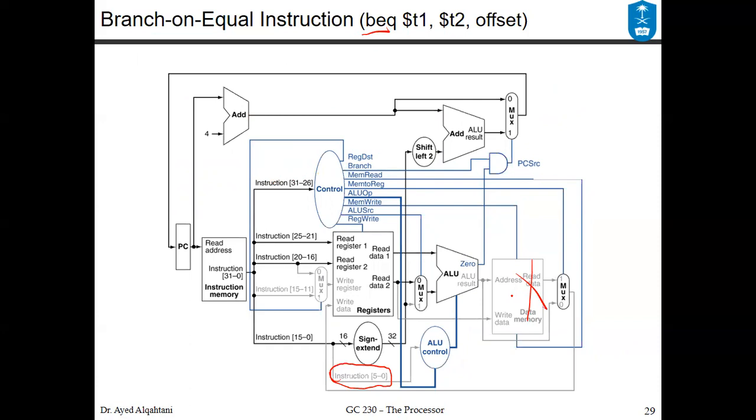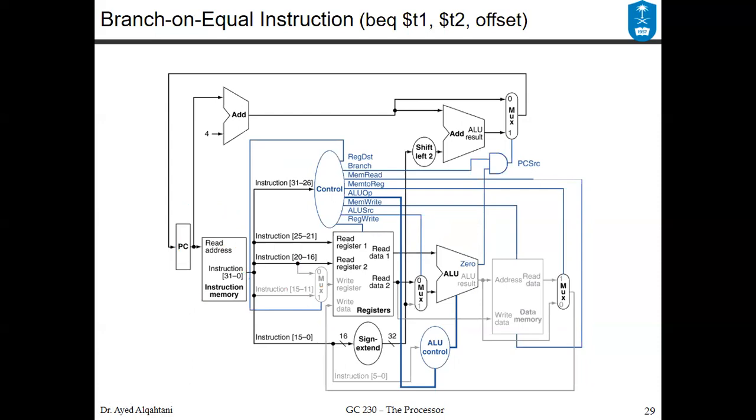Similarly for the R-type. So it would be wise to have an instruction that works in some part of the hardware while another instruction is making use of another part. So it's wise to share the hardware between different instructions.